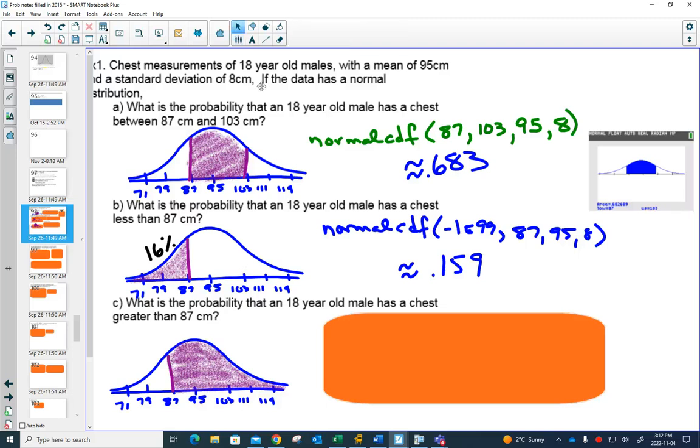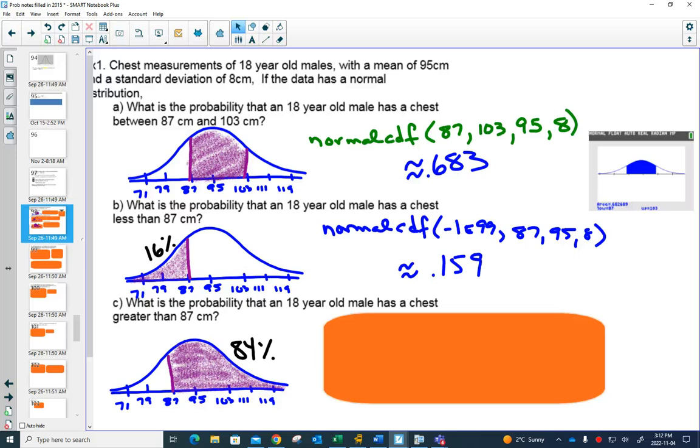What would I estimate here if I used the 68, 95, 99.7 rule? Can you see that since I already figured this out to be 16%, it would make sense that the other half would be 84%.